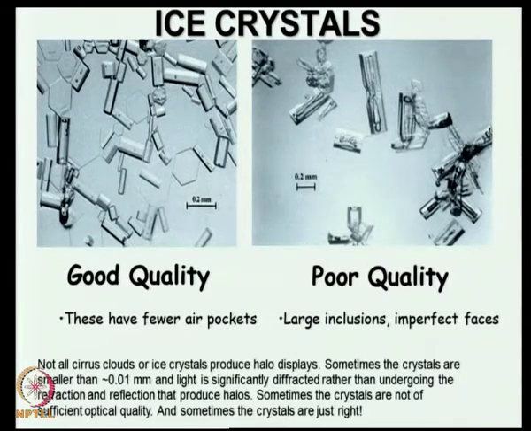So, the range that causes rainbow is fairly narrow, but in the case of ice particles, you see a huge variety, plates and bullets and all kinds of shapes are there. So, you should expect that ice crystals will produce scattering phenomena called halos, and so you should see a number of these phenomena.